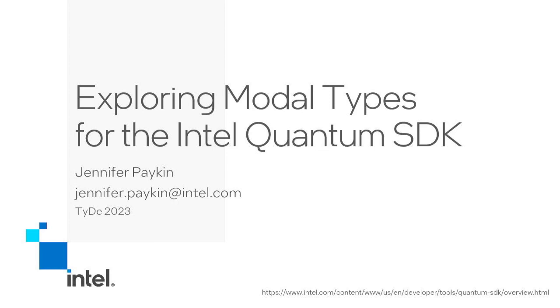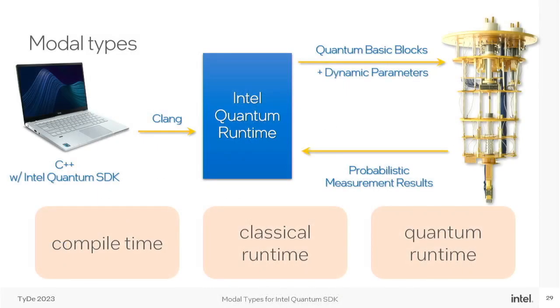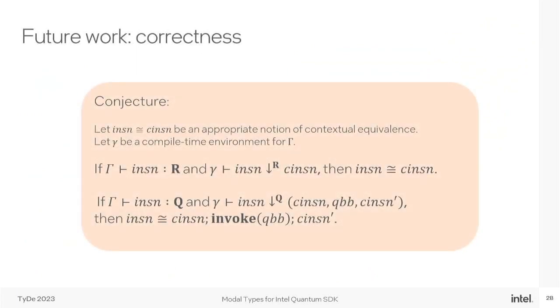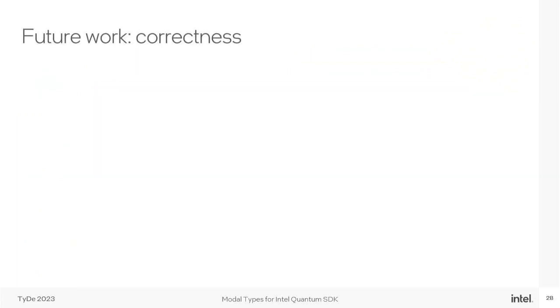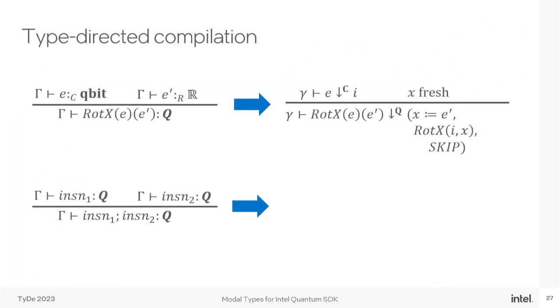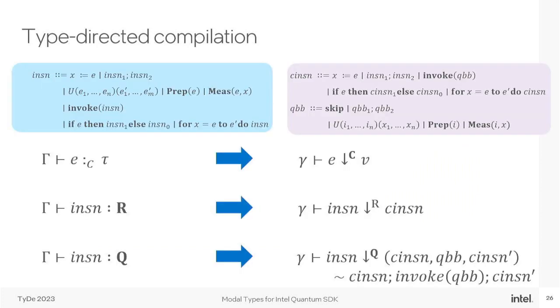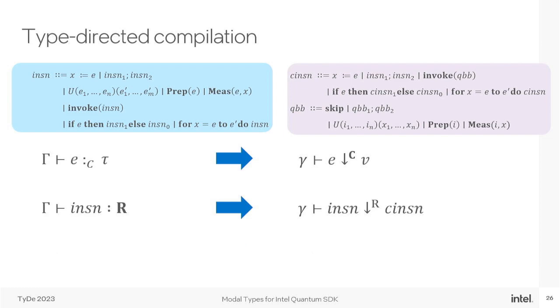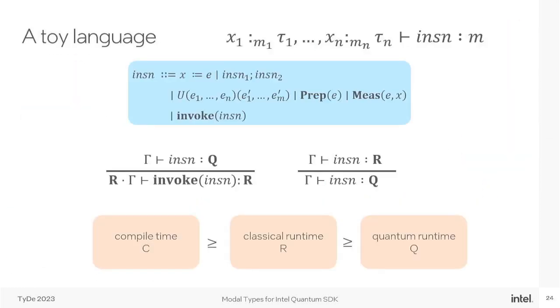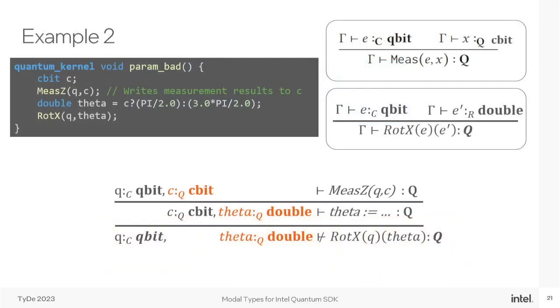I was just wondering, do you mind going back to that slide where you had the example where it would do something unexpected if you read out a qubit and then use it again in the same quantum block? This one? Yeah.